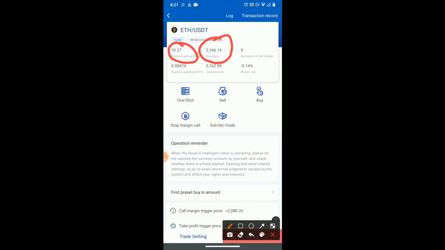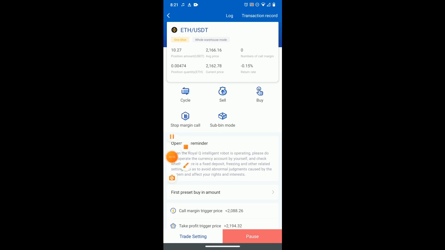Okay? But now, one more thing. This one shot, look at it. If I click on one shot, something will happen here. One shot simply means that once my profit is made, it will not trade again.